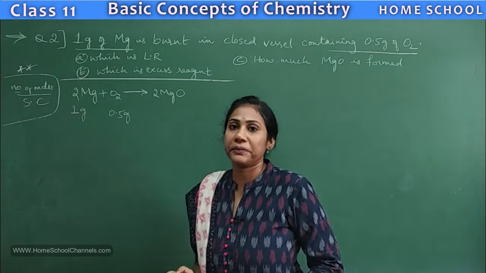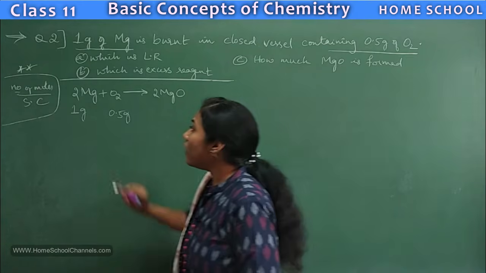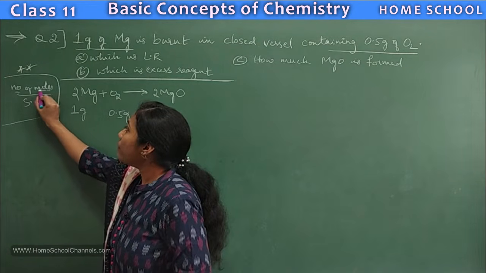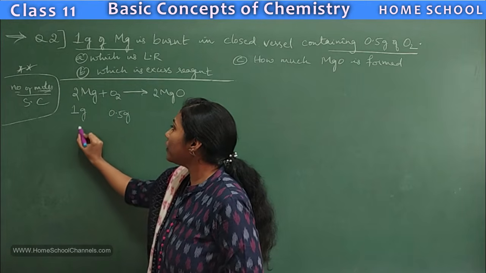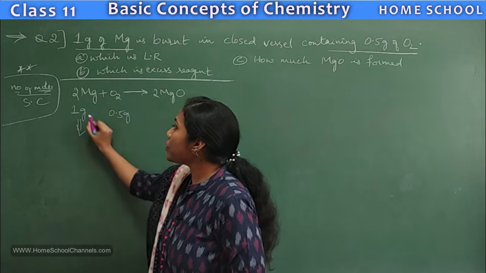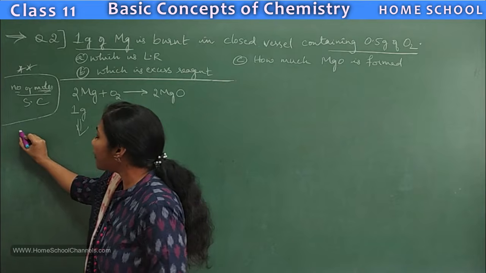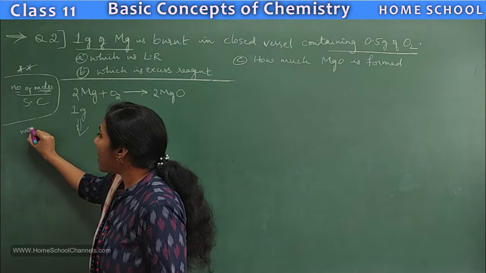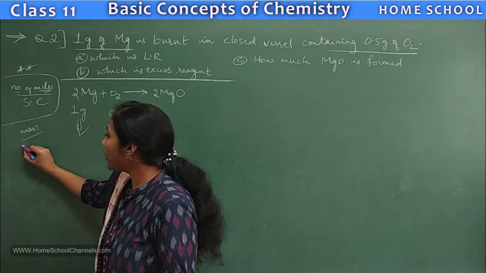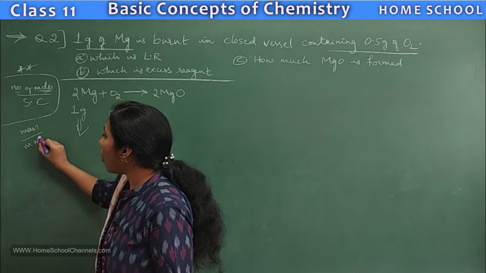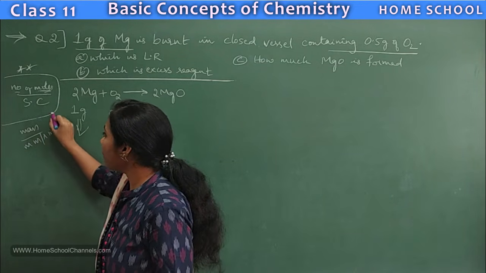That is your trick. To apply this formula, we want moles, so you should calculate moles first. How do you calculate the number of moles of Mg? What is the formula? Mass divided by atomic mass or molar mass. We know this.